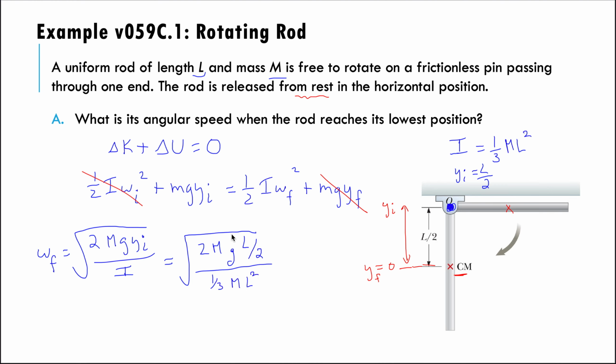Now let's go ahead and simplify. The M's cancel out, the 2's cancel out, one of the L's cancel out, and we get the square root of g over L. Instead of dividing by 1/3, we'll multiply by the reciprocal. So the square root of 3g over L is our answer for this first part.